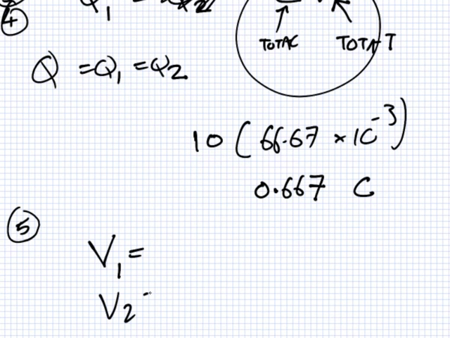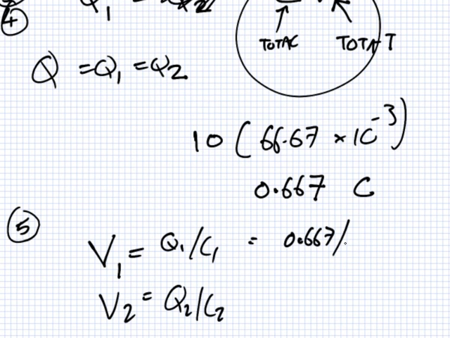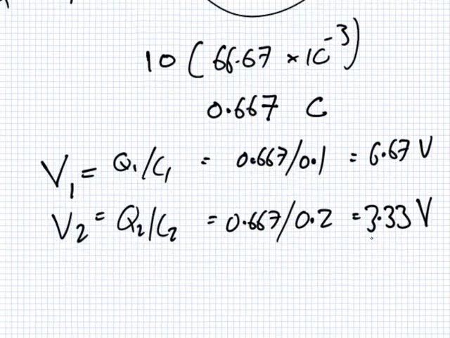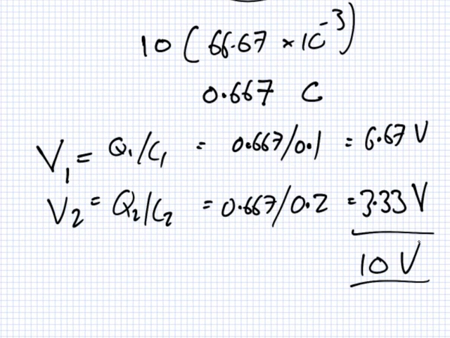V1 equals, V2 equals, Q1 over C1 and Q2 over C2. 0.667 over 0.1, 0.667 over 0.2. So this is 6.67 volts, and this is 3.33 volts. And that's good, because it means the total is 10, which is what it should be. Yeah? Did you get this? Okay, good.